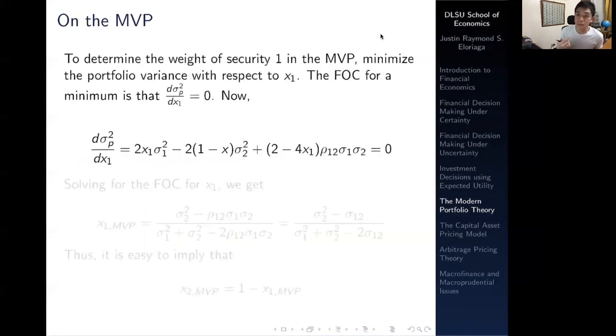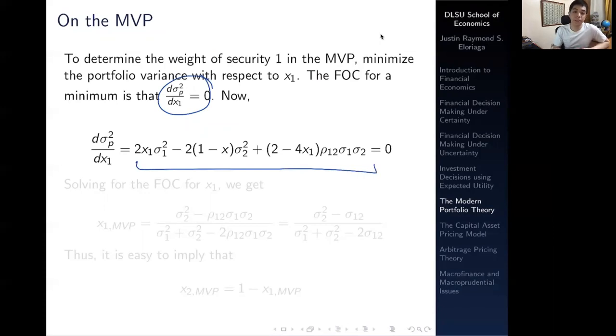So what we need to do now is determine the weight of security one, right? Again, we want to find the portfolio with the least variance. Well, we need to minimize the portfolio variance with respect to x1, the weight of security one. And that's done using this particular derivative here. And if we do that, we're going to get this form mathematically here.